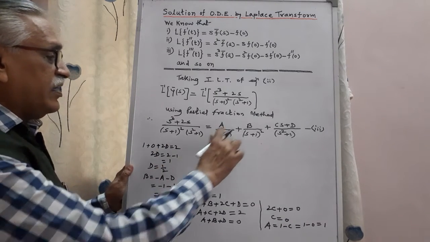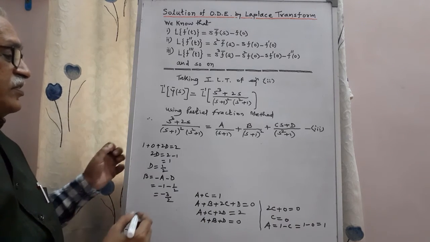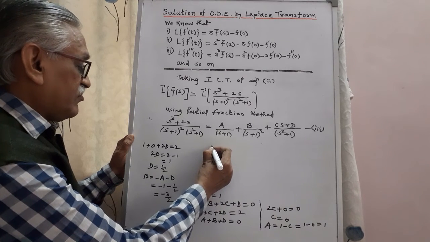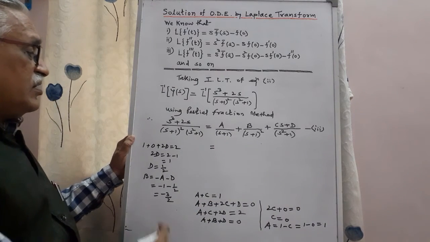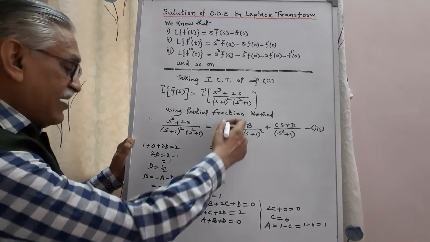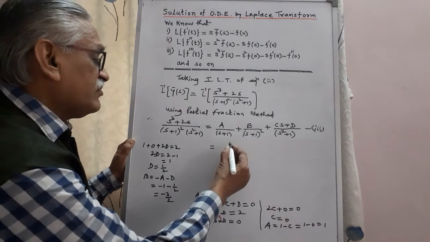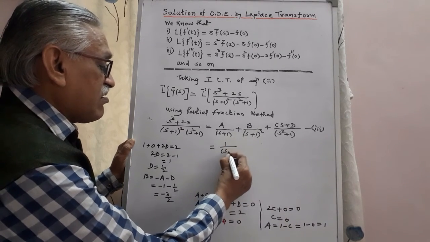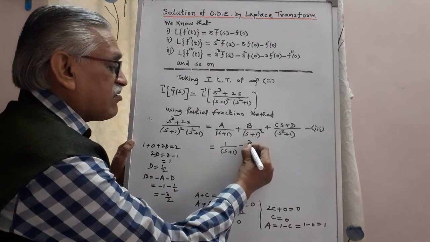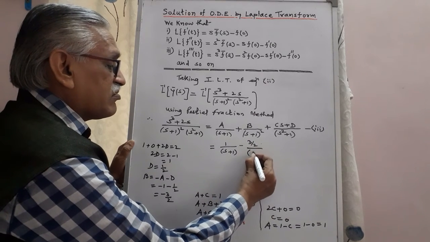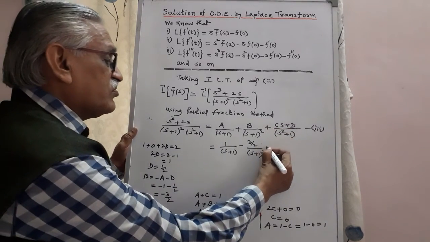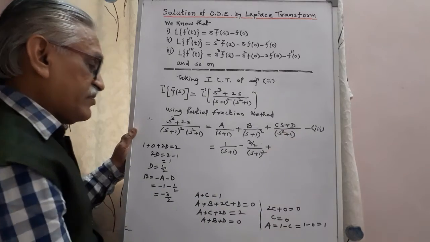Substituting these values in equation 3. Therefore, equation 3 becomes s cube plus 2s. The value of a is 1. Value of b is minus 3 by 2. Value of c is 0. Therefore, this becomes 0.